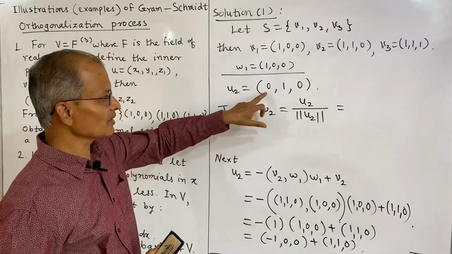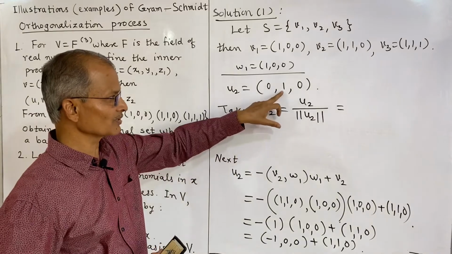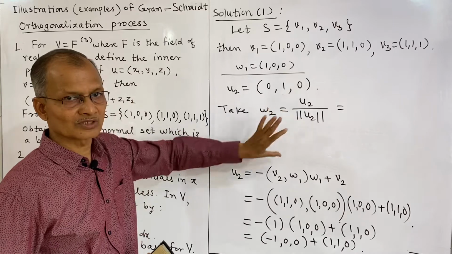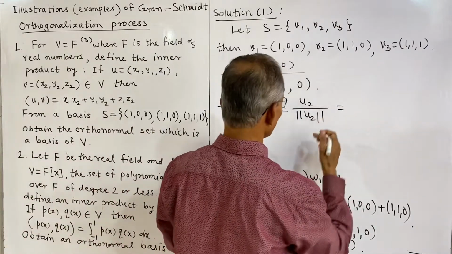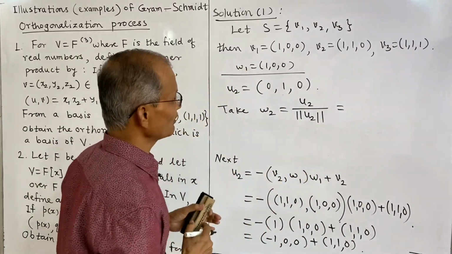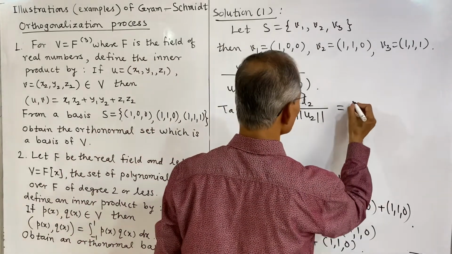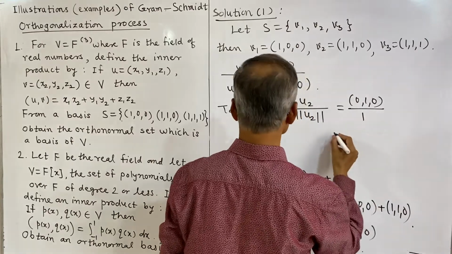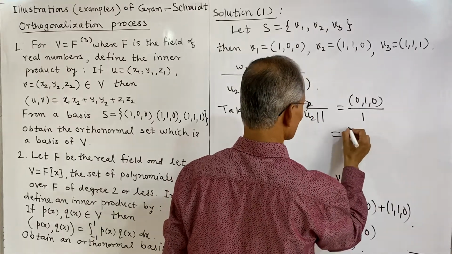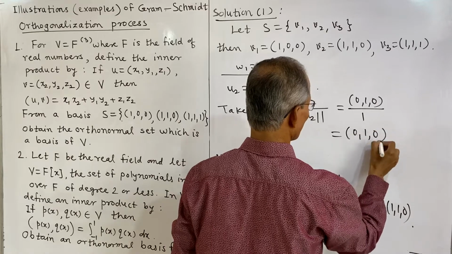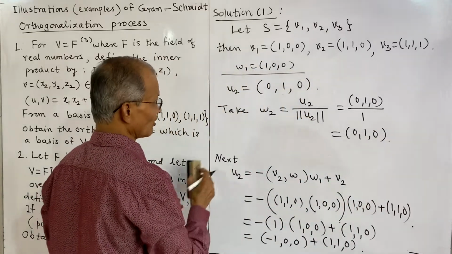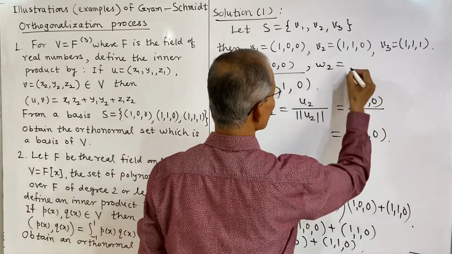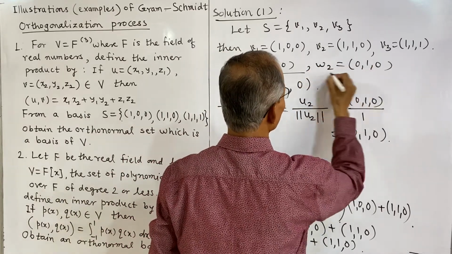It is under root of sum of squares, under root of 0 square plus 1 square plus 0 square, and that is again root of 1, which is 1. As earlier we have seen norm of W1 is 1, and thus this is 0 1 0 divided by 1, or W2 is the same as 0 1 0. So this is the vector W2 we have obtained.